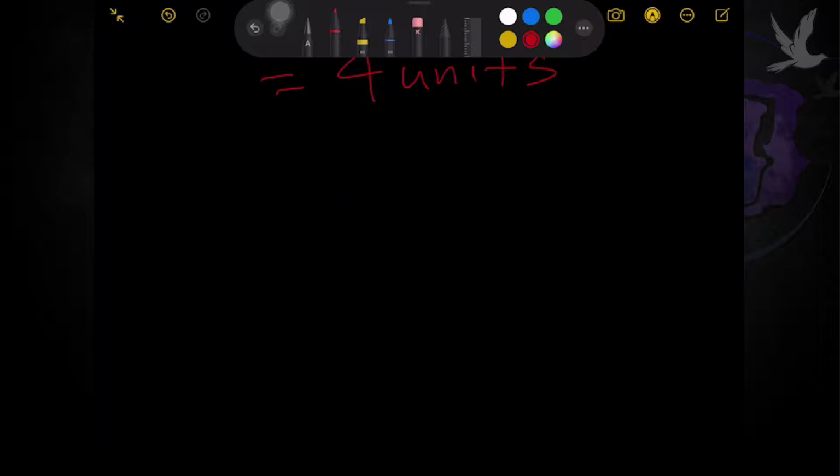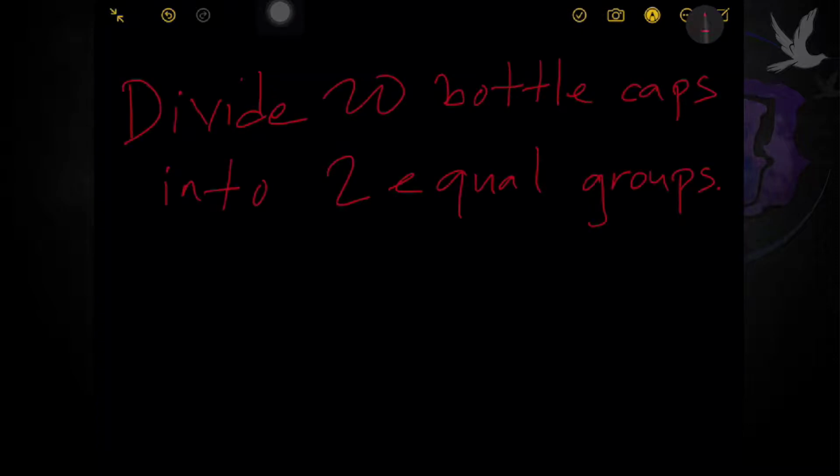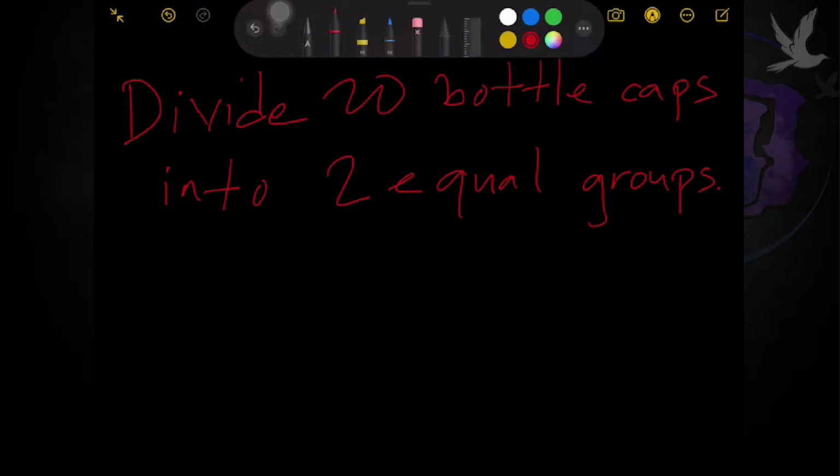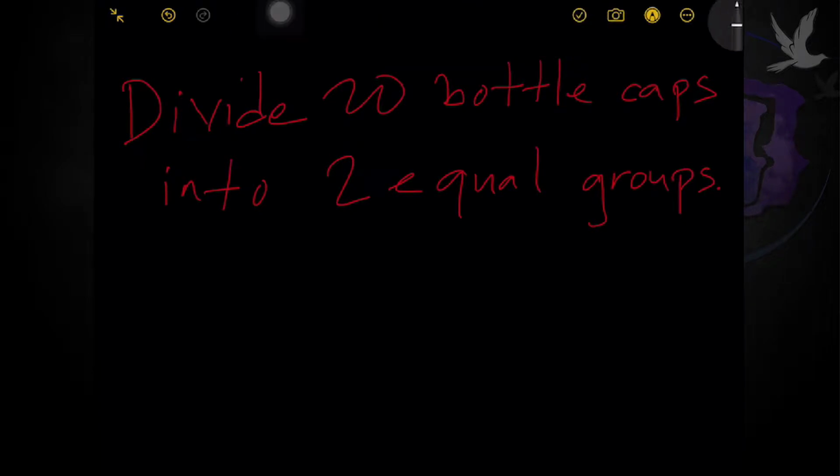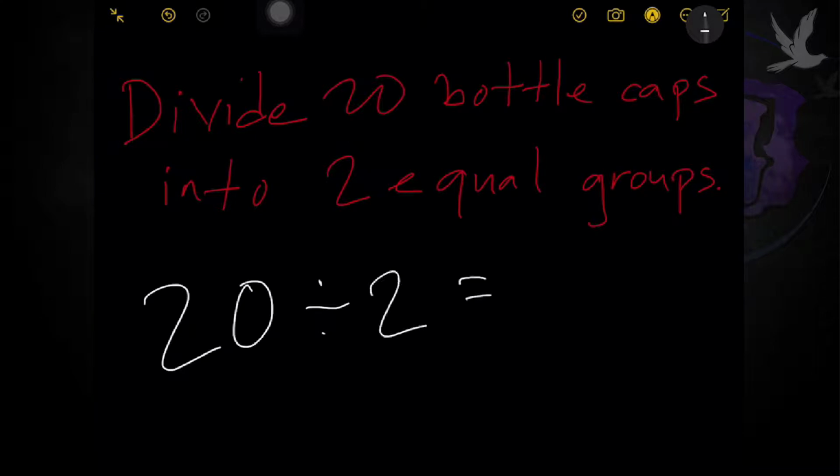Okay, let me write that down. It says here that you have to divide 20 bottle caps into 2 equal groups. So, what are we going to do here? Okay, you are tasked to group 20 bottle caps into 2 equal groups, which means it is safe to say that you can write this equation down as 20 divided by 2.